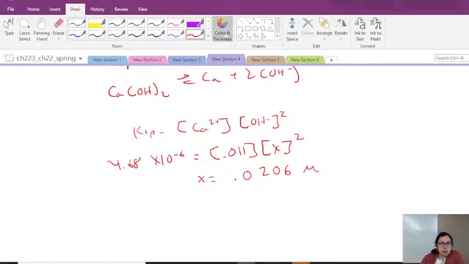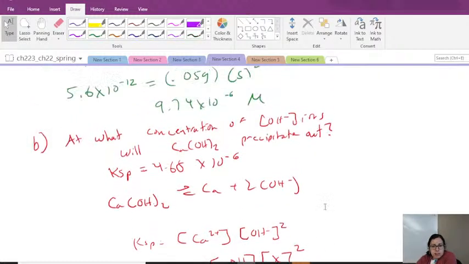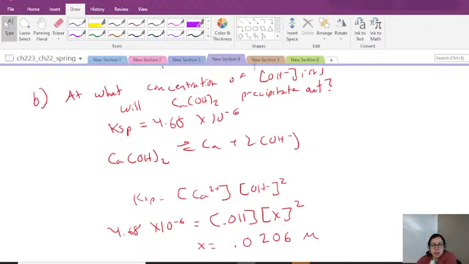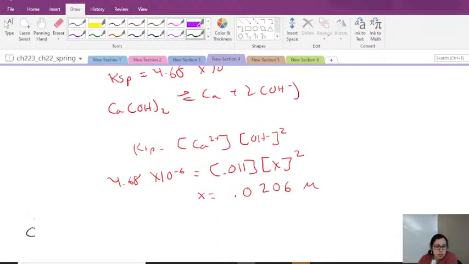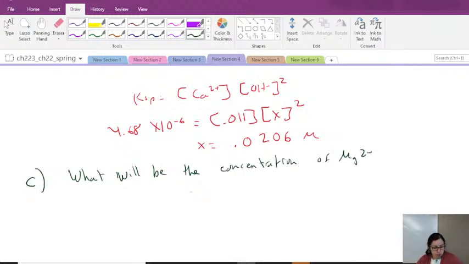And so let's ask one last question to this. Now we can see the difference in molarity that precipitates out these different solutions. But to truly assess whether it's an effective separation, we have to ask, what will be the concentration of magnesium 2+ ions when the calcium hydroxide is precipitating out?